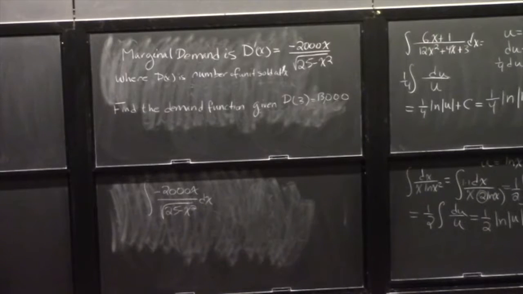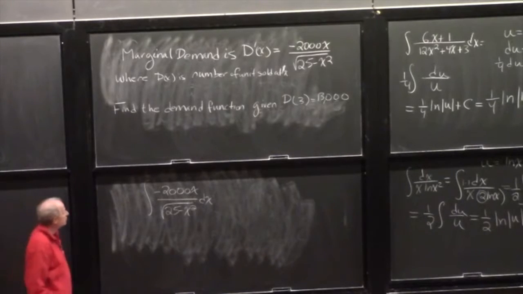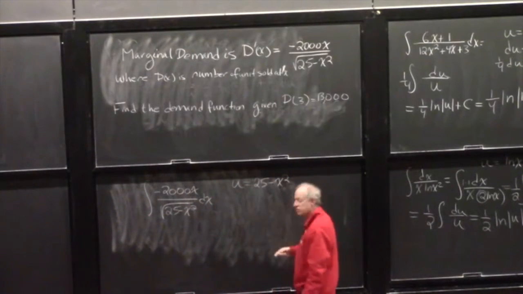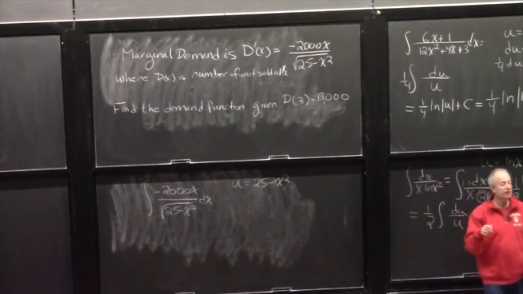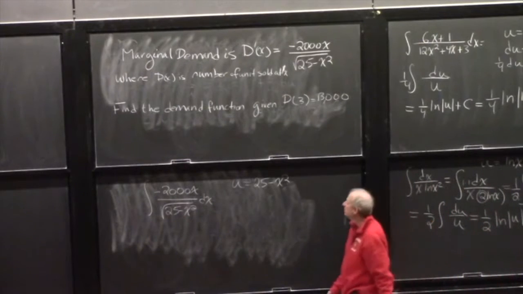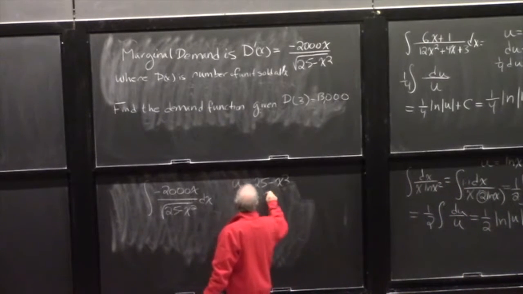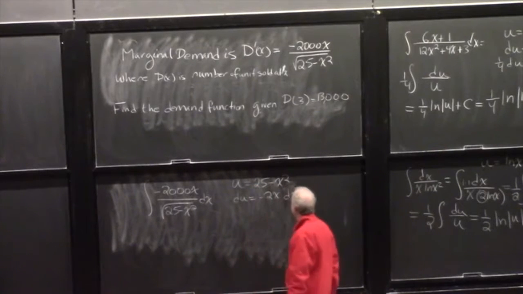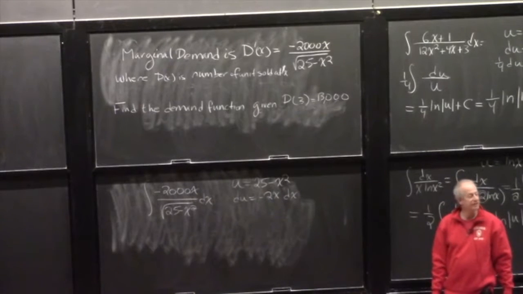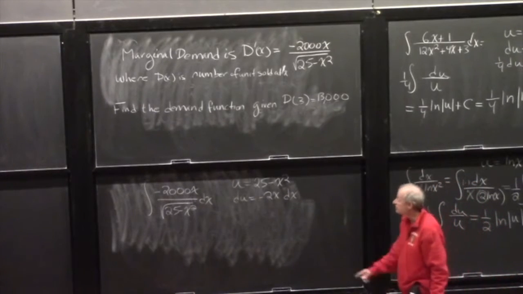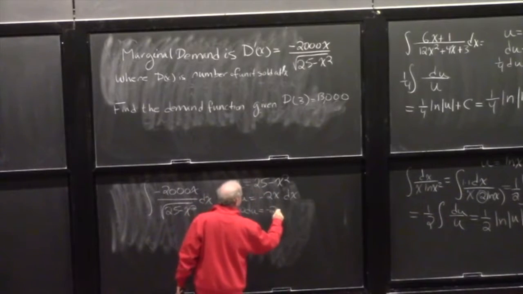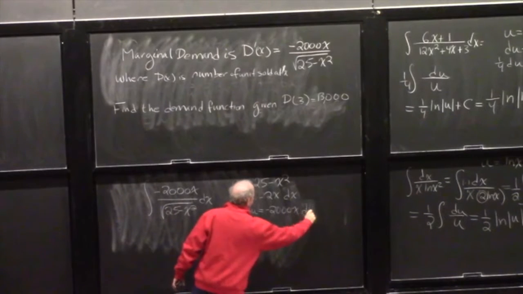So you look at this, you go, I'm not scared. I know my calculus. Let's let u equal 25 minus x squared, not the square root of 25 minus x squared, just 25 minus x squared. Because remember, we can integrate the square root of u. Then du is minus 2x dx. So I look and I say, well, I kind of have minus 2x dx. I have minus 2,000. So if I multiply this by 1,000, I have minus 2,000 x dx.